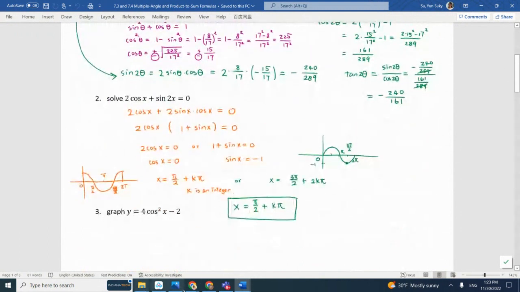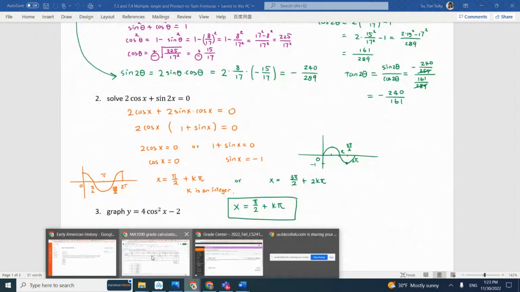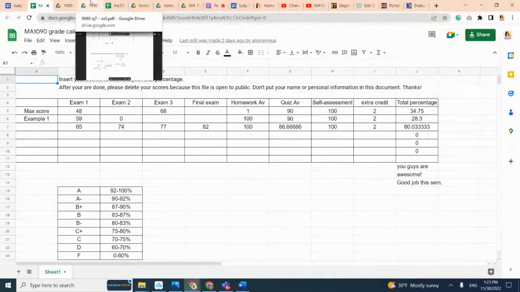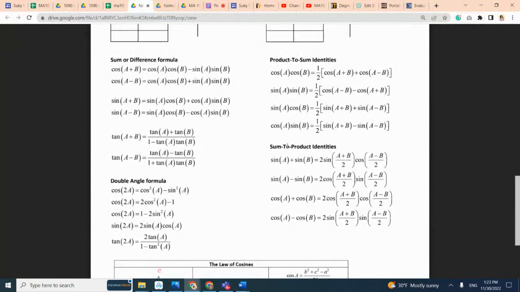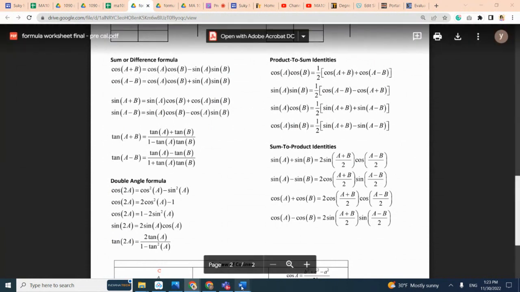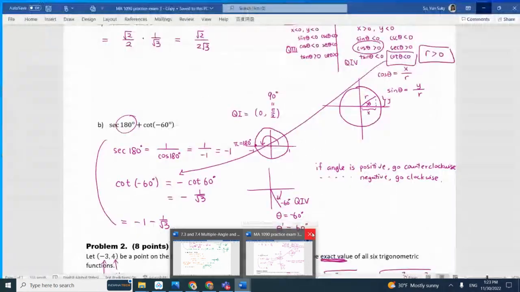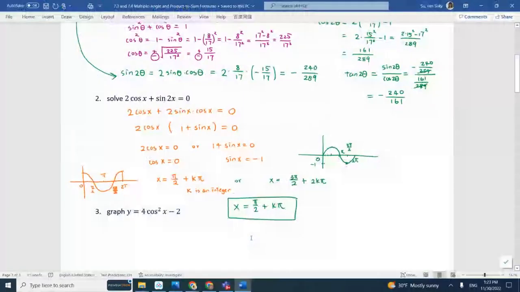And I also tell you that this is the formula for the final exam. So the sum and difference formula, double angle formula, and product to sum to product formula will be given. So you don't need to memorize it. You just need to know which one to use, right? Okay. Let's continue. Okay, here.